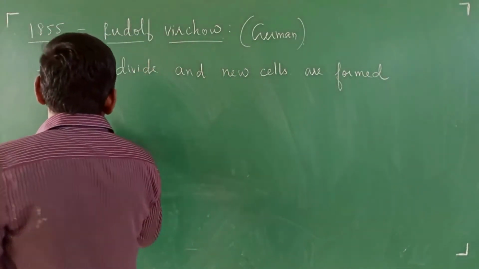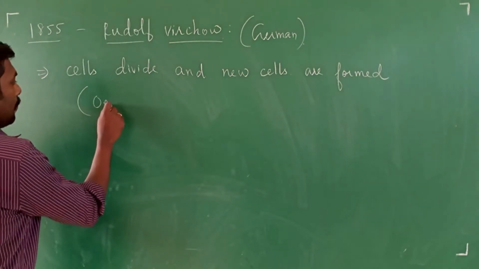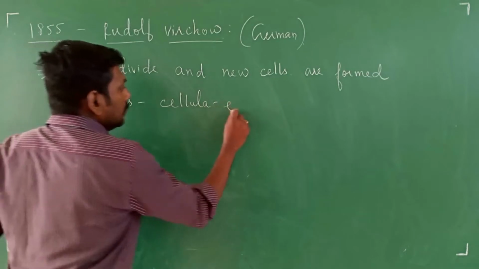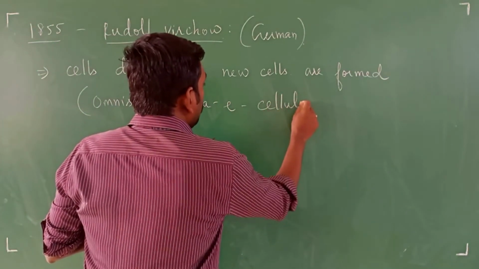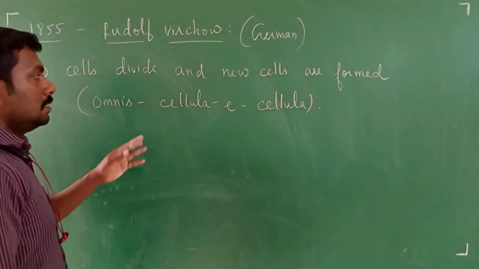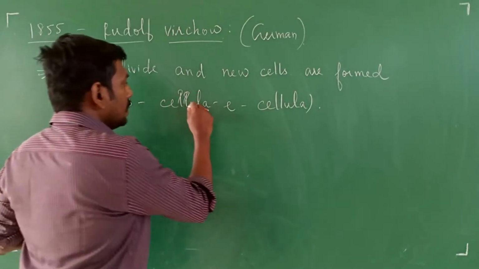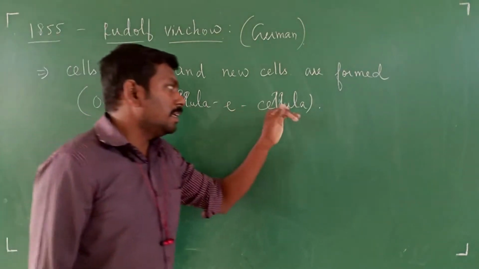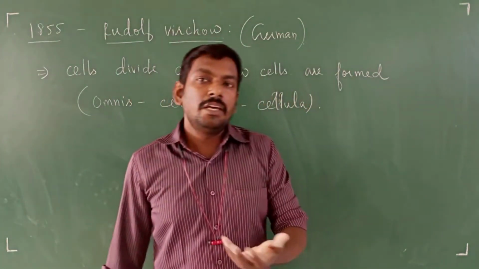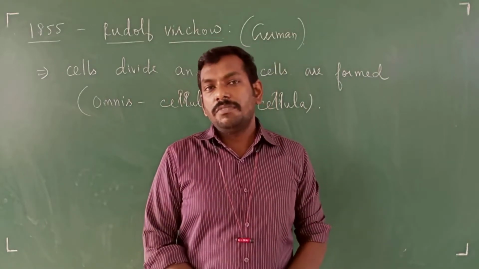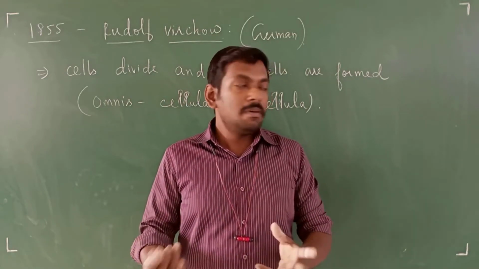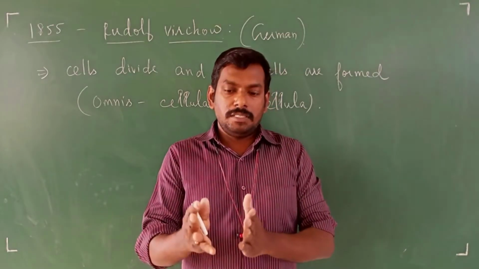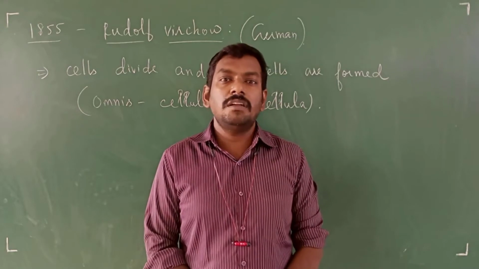Since he is German, he gave the statement in Latin: omnis cellula e cellula. This is an important question that is often asked in your exam. Omnis cellula e cellula is the statement given by Rudolf Virchow, a German physician and biologist, that cells divide and new cells are formed.